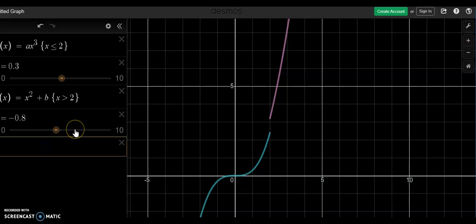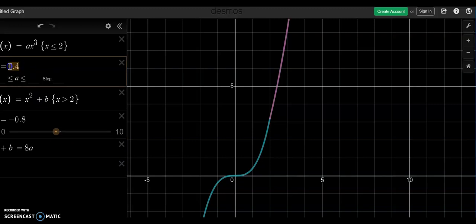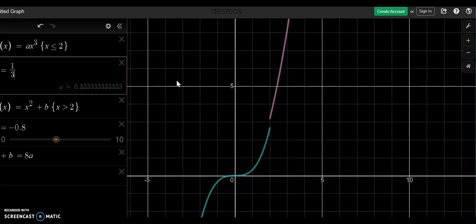And right now, all I could find in that first part was that 4 plus b was equal to 8a, right? That's all I had, and that doesn't do anything for me because I have no numbers to make that a valid relationship. So I did find, using the differentiability part, that a was going to be 1/3.